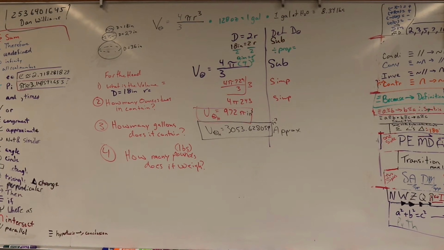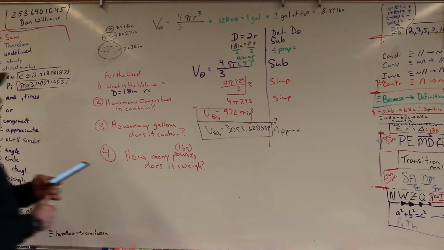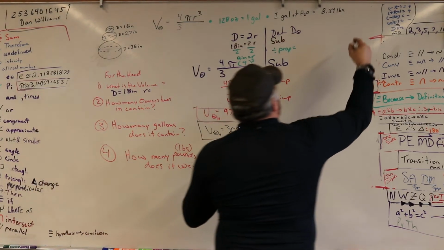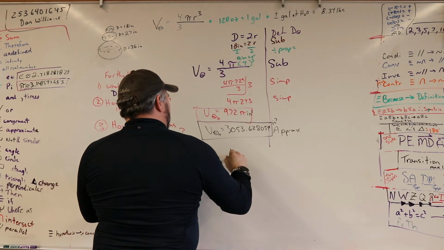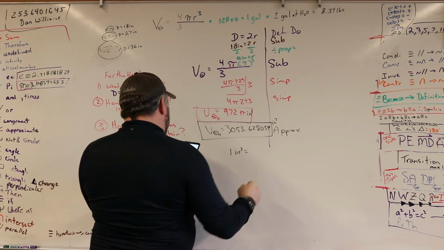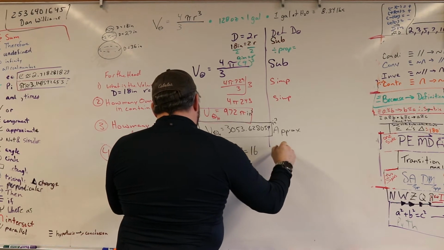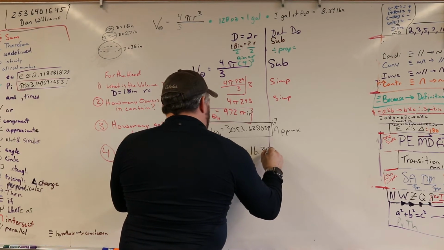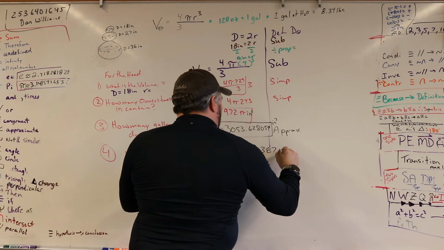How many milliliters in a cubic inch? To convert from cubic inch to milliliters, multiply the volume value by 16.387. Okay, so 1 cubic inch is equal to 16.387 milliliters.